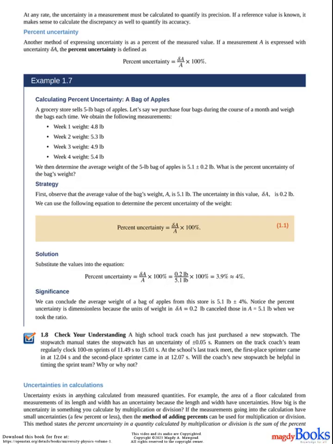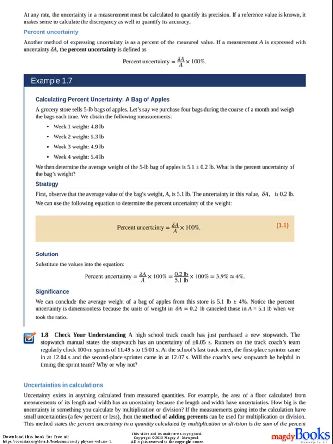Solution. Substitute the values into the equation. Percent uncertainty equals delta A over A multiplied by 100% equals 0.2 pounds over 5.1 pounds multiplied by 100% equals 3.9%, approximately equals 4%.